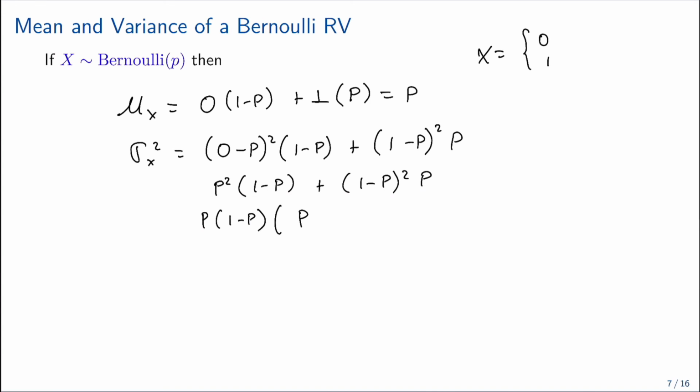Now notice that p plus 1 minus p gives 1. So we have p multiplied by 1 minus p multiplied by 1. So the variance is equal to p multiplied by 1 minus p.